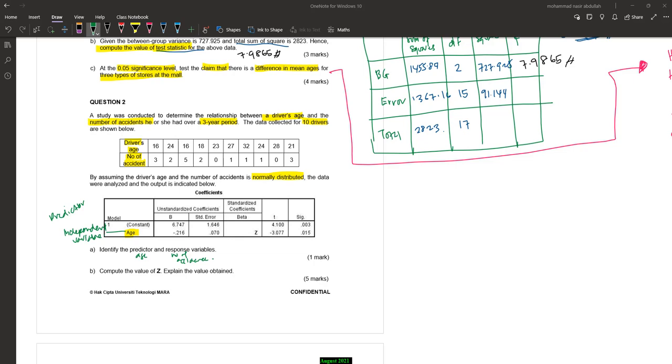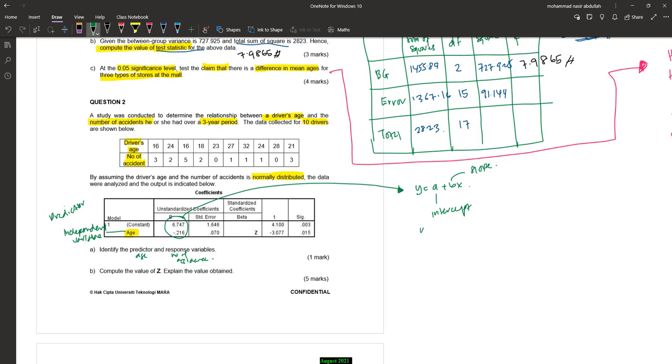Next is compute the Z value, and explain the value obtained. Usually what I taught before for bivariate is y equals a plus bx, where a is the intercept and b is the slope.